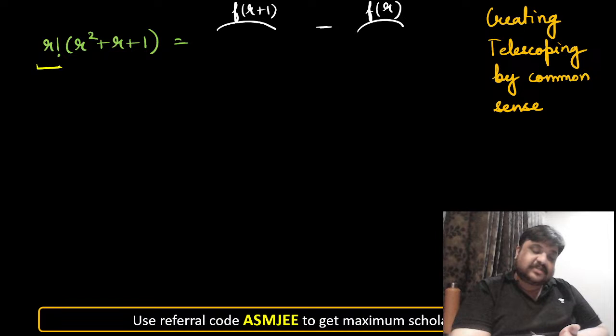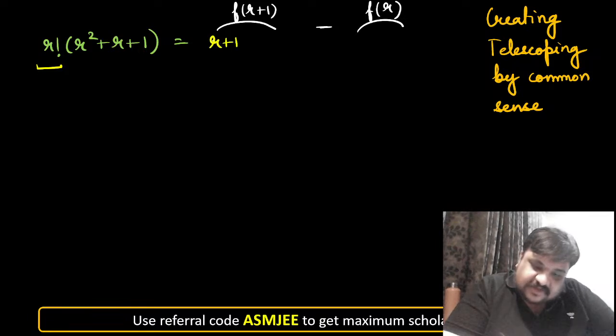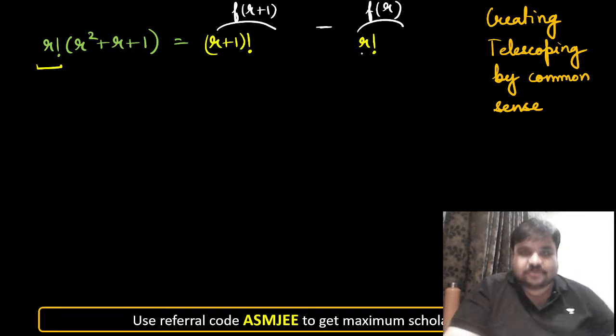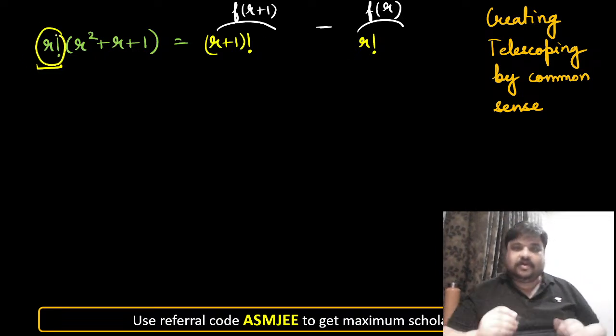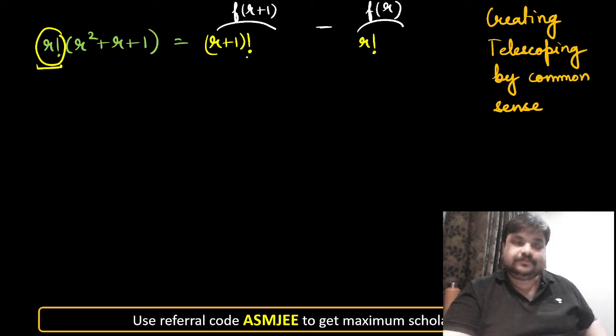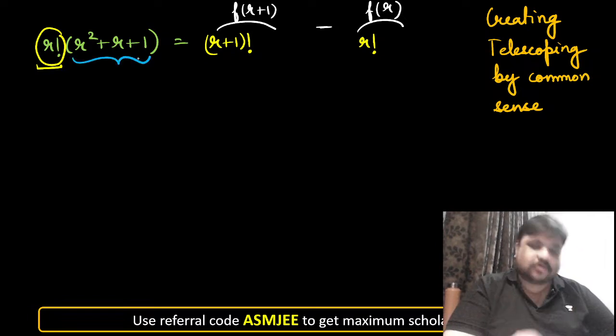Then only you can take this out common, right? So let us write here r plus 1 factorial and here r factorial. We'll start with this, so then only you can take r factorial out common, right? Also, you need to do some jugaad of this quadratic.